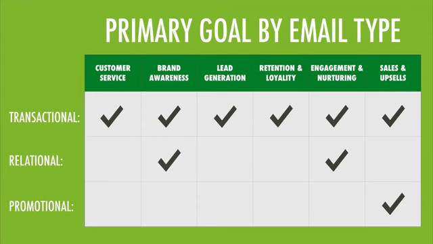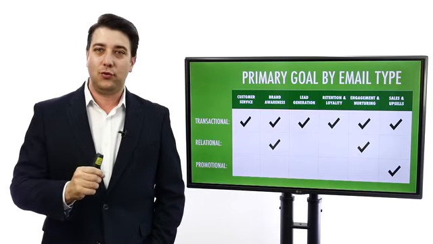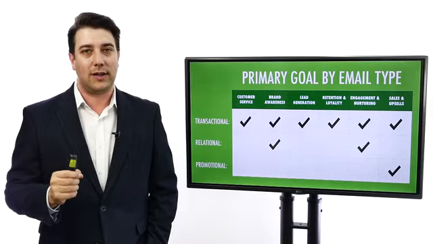All right, so relational emails, again, engagement and nurturing is the primary goal, but brand awareness is a huge secondary benefit of sending out relational emails, especially if it's free, ungated content. Free, ungated content in relational emails get the highest number of social shares.